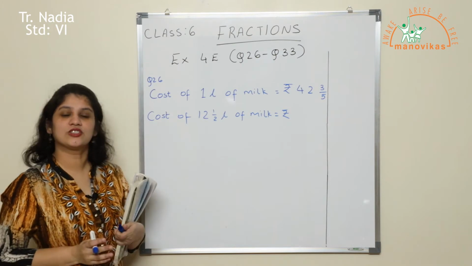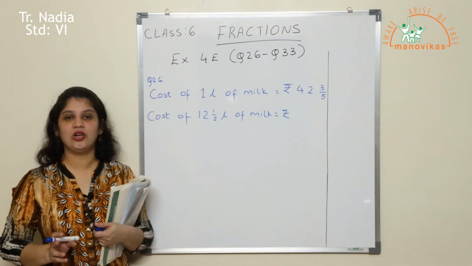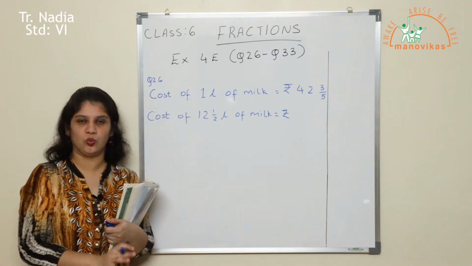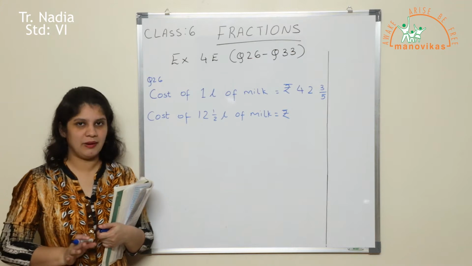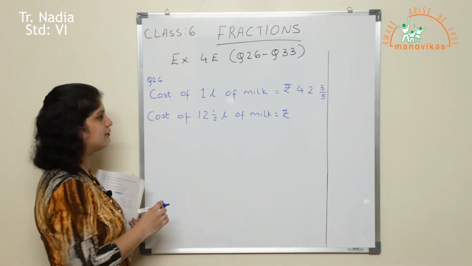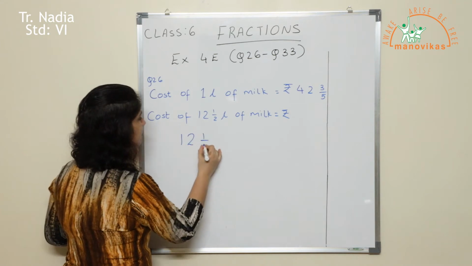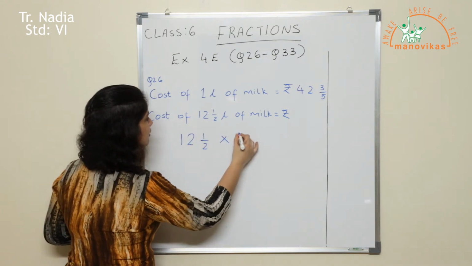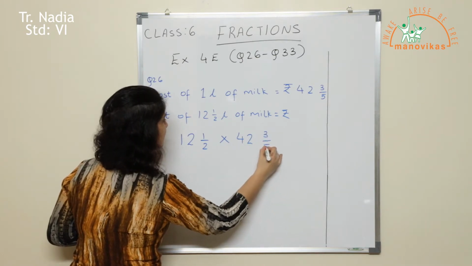As I have already told you all, when you are given information about one and asked to find for many, you have to multiply. So here too I have to multiply 12.5 by 42 3 upon 5.